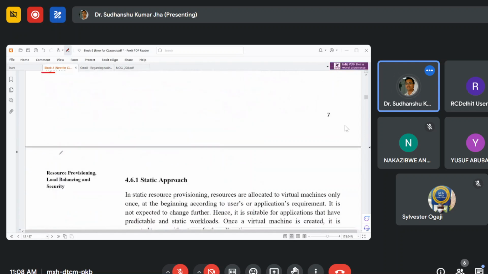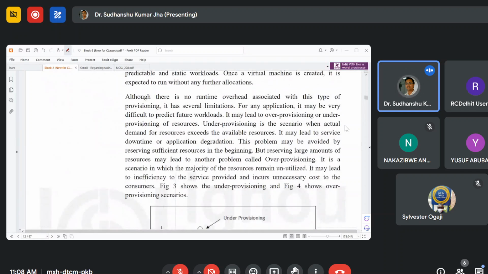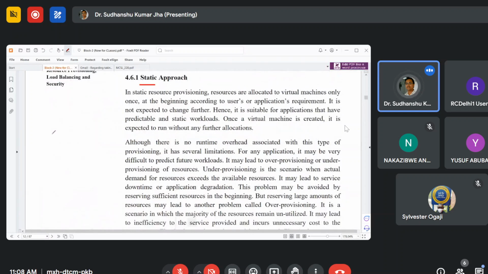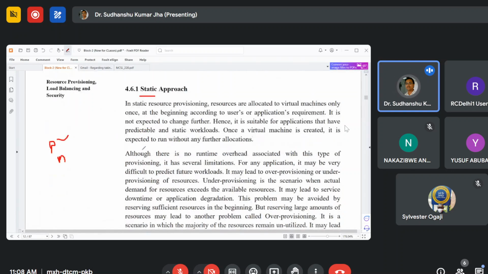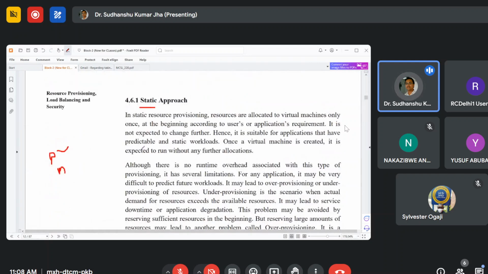Static approach, as the name suggests, means you declare that you require this much processing power and this much memory. In the static approach, before starting your task or operation, you should declare how many resources should be allocated to you.